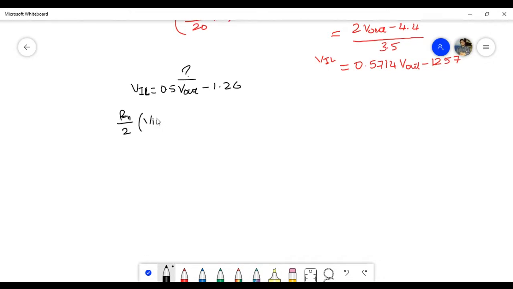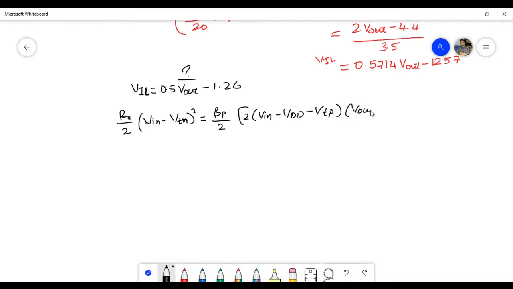Just remember this: V in minus V Tn square, beta for P transistor by 2, 2 into VIN minus VDD minus VTP.